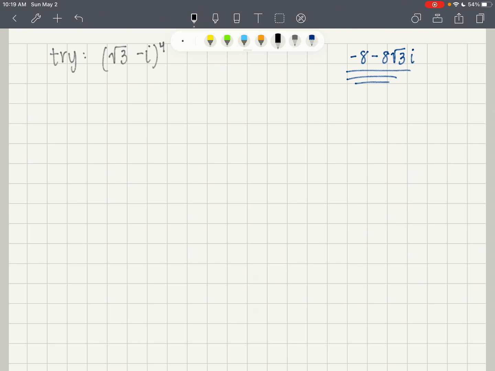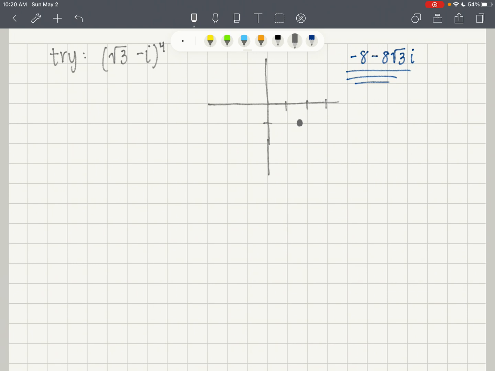Absolutely. This time I'm going to start with plotting it, just because it looks a little different. So it's going to be in quadrant 4. The square root of 3 is about 1.7-ish, and then down 1, so we're going to be somewhere right here.